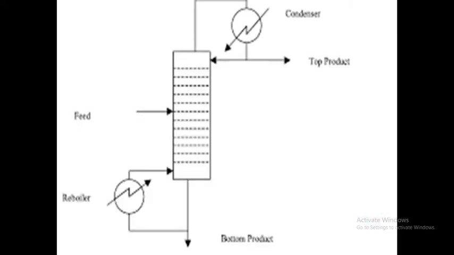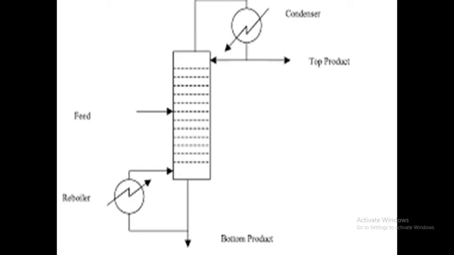This is the schematic diagram of a distillation column. We will discuss it with one example. Consider benzene and toluene as a feed mixture. This feed is sent into the distillation column.